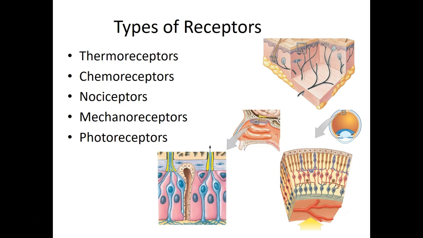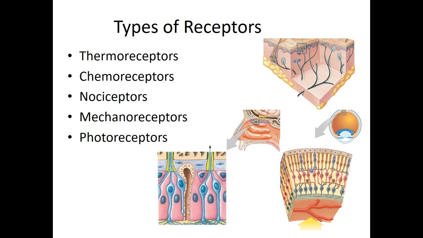So nociceptors, anybody know what those are detecting? Pain, right? So nociception is the detection of pain. A lot of the pain sensations come from tissue being damaged. And when tissue gets damaged, it releases chemicals, and the receptors bind to those chemicals and relay information in the form of pain, right?